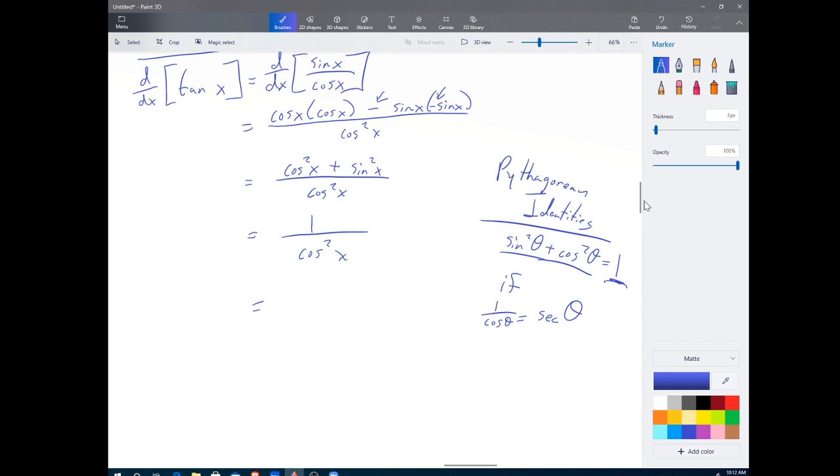It would be secant squared. Done. That is going to be the version of the answer we're looking for, and that's the most simplified version you can get. So, in other words, the derivative of a tangent is equal to a secant squared.